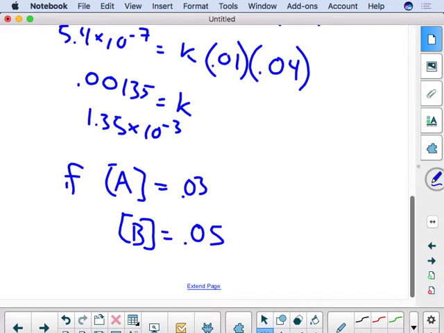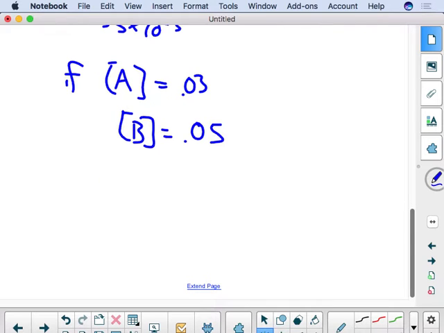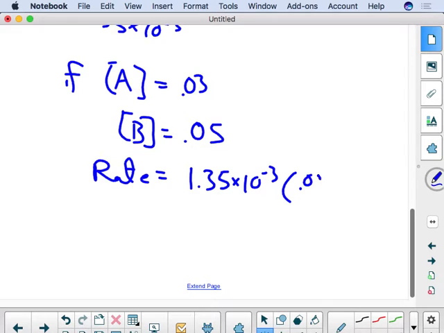If I now know the K and the various orders, you can put this data into the equation we've just generated to predict what the speed of this reaction would be under any conditions. Okay, so rate equals 1.35 times 10 to the minus third times 0.03 times 0.05 squared.